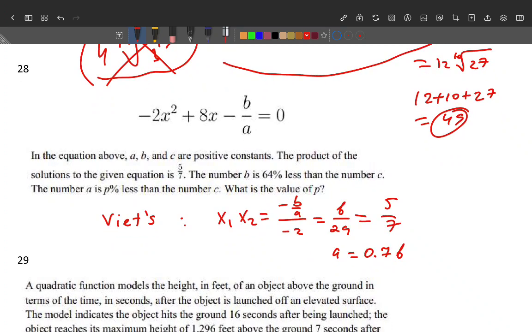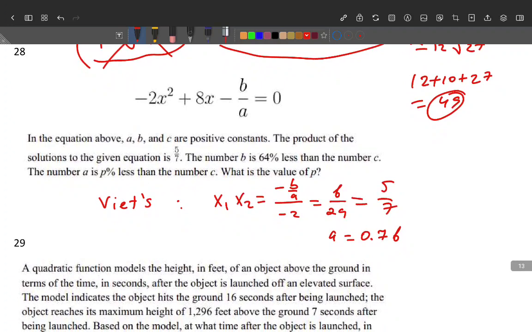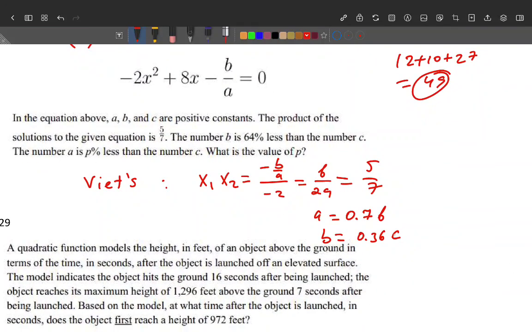It means, okay, and b is 64% less. It means this, and I put here the value of b.